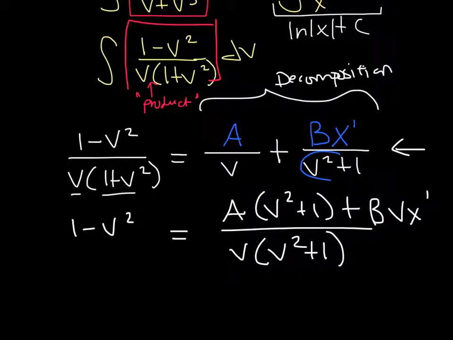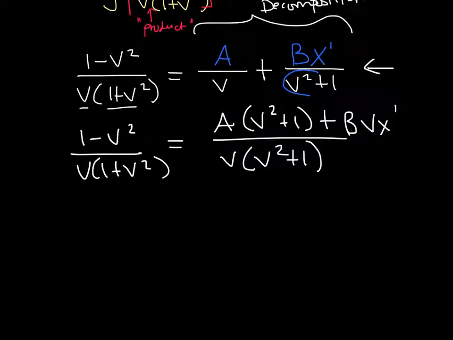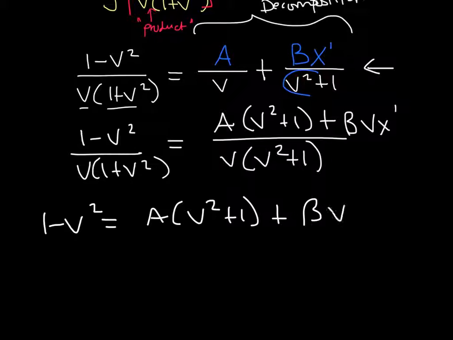So I'm just going to rewrite the left-hand side. And then notice we have the denominators the same. So if the denominators are the same, then the numerators must be equal. So we equate the numerator expressions. So we have 1 minus v squared equals the following.